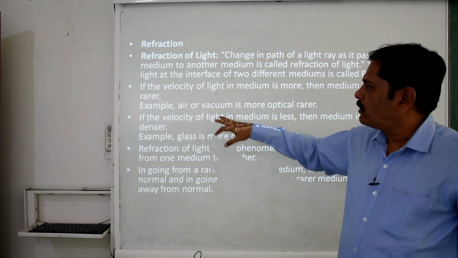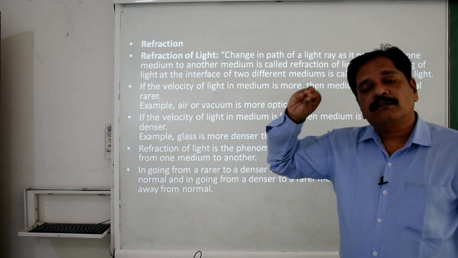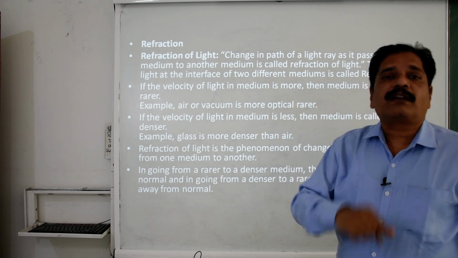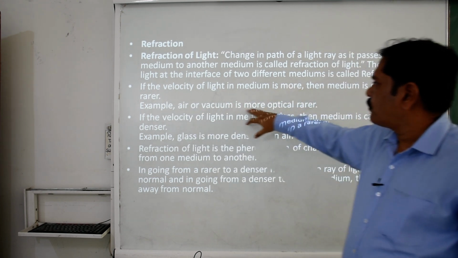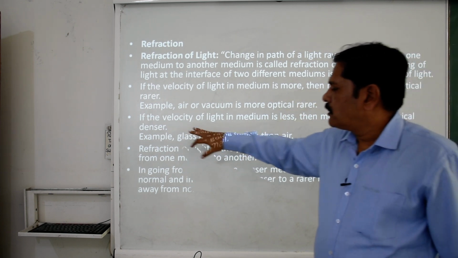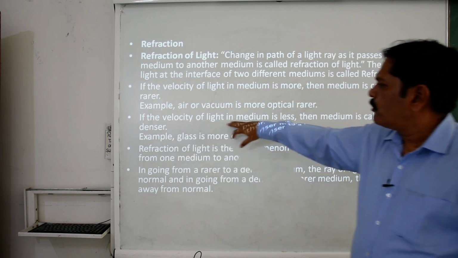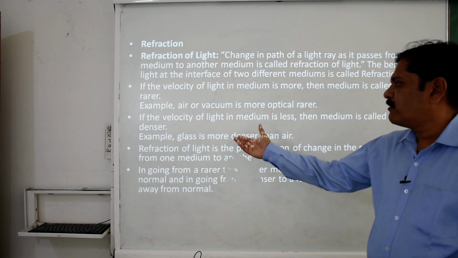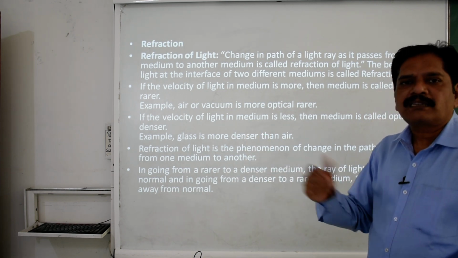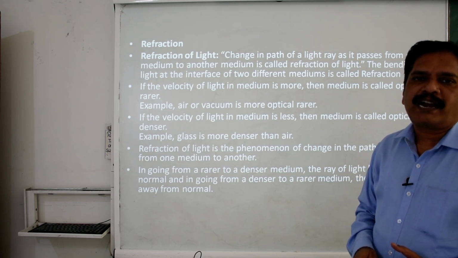In a rarer medium, surely the speed of light will be greater, just like air or vacuum. It is called optically rarer. If the velocity of light in a medium is less, then the medium is called optically denser, likewise when you compare glass with water and air.